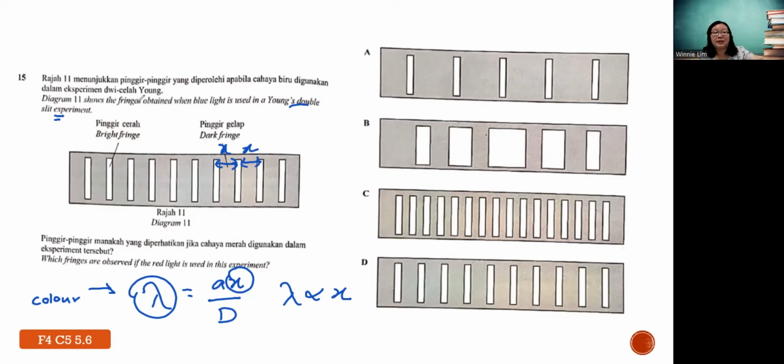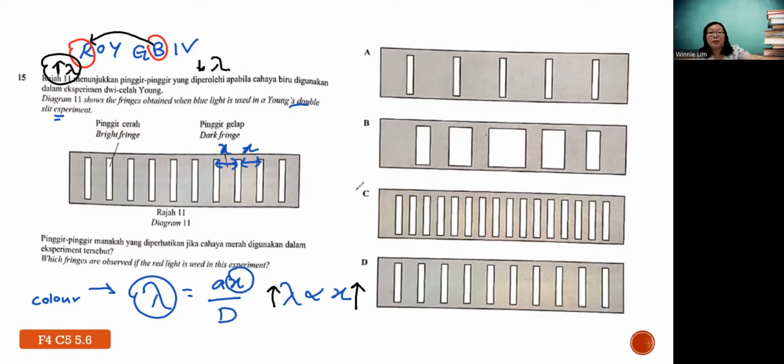Regarding the seven colors of light, you have ROYGBIV. Now you are comparing red and blue. Red will have the longest wavelength, then violet has the shortest wavelength. So from blue to red, your wavelength increases. Once your wavelength increases, the distance between the two fringes also increases.